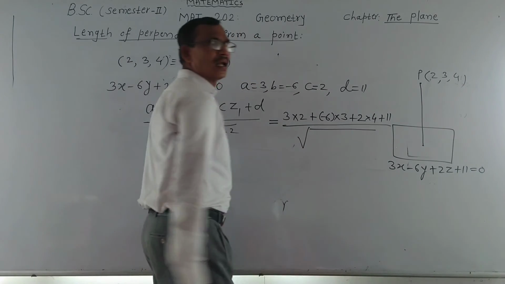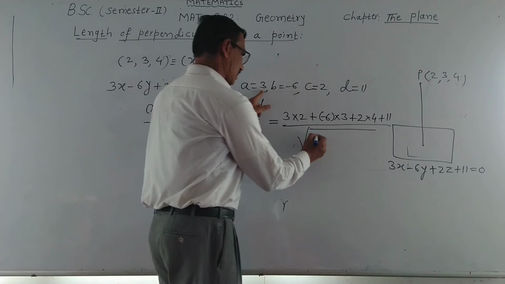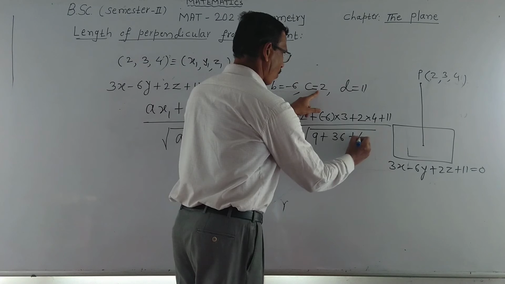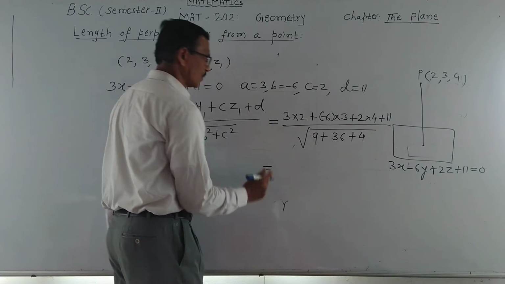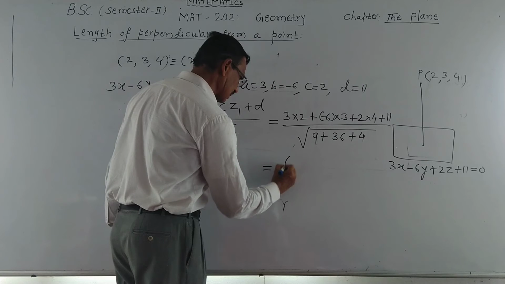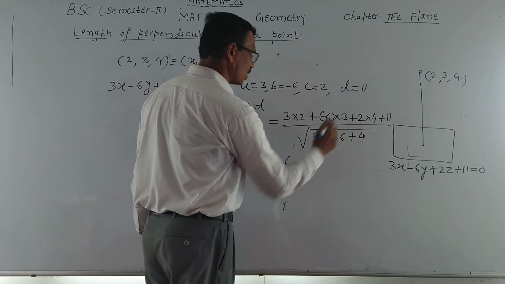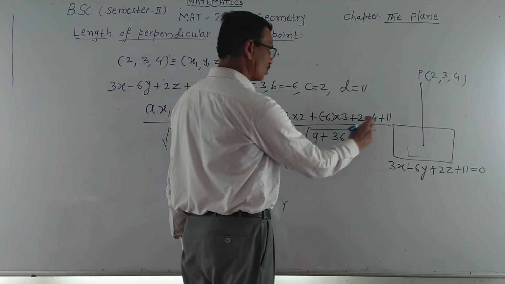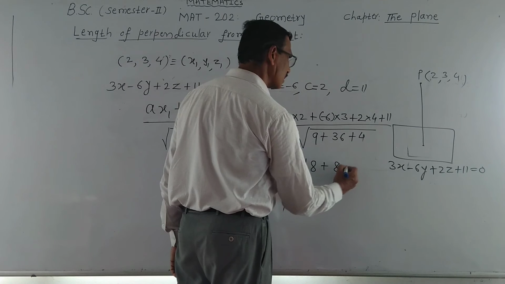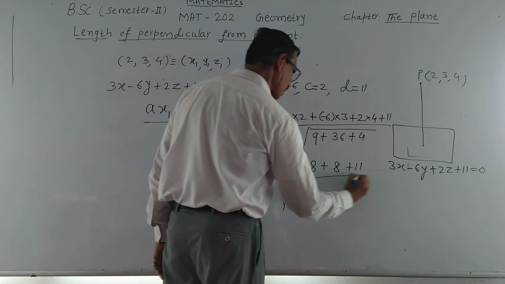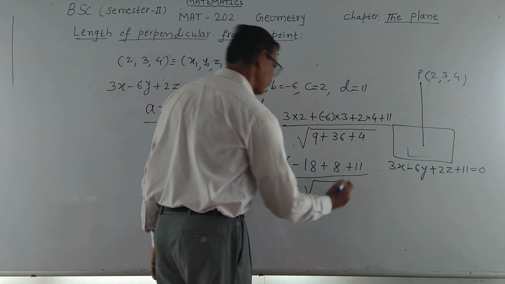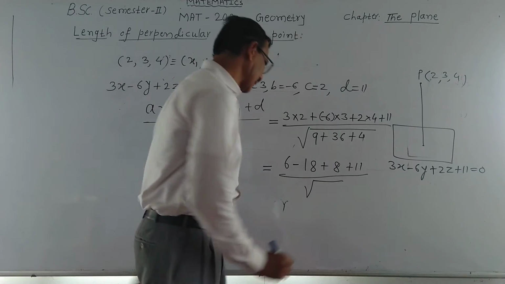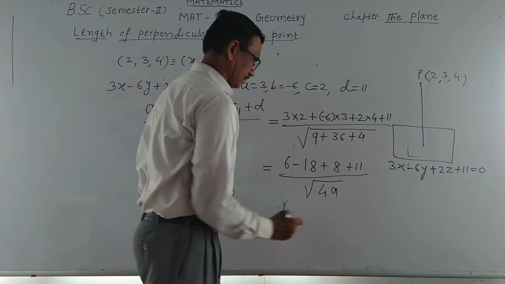Square root of 9 plus 36 plus 4. So 3 twos are 6, minus 6 into 3 is minus 18, plus 2 into 4, that is 8, plus 11, divided by square root of 36 plus 4, 40 plus 9, it is 49.